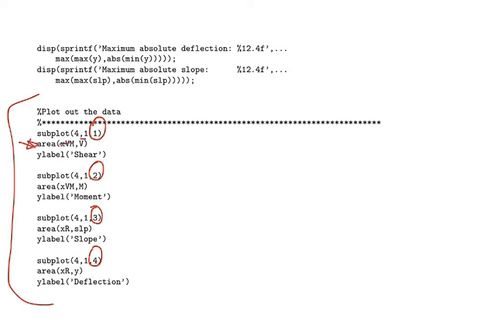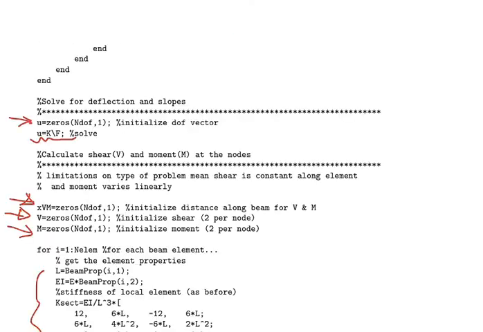This is x versus v, and this is x versus m, and this is x versus slope, and this is x versus y. So these are the 4 plots that we have here in the results, and that's basically what we've seen here.